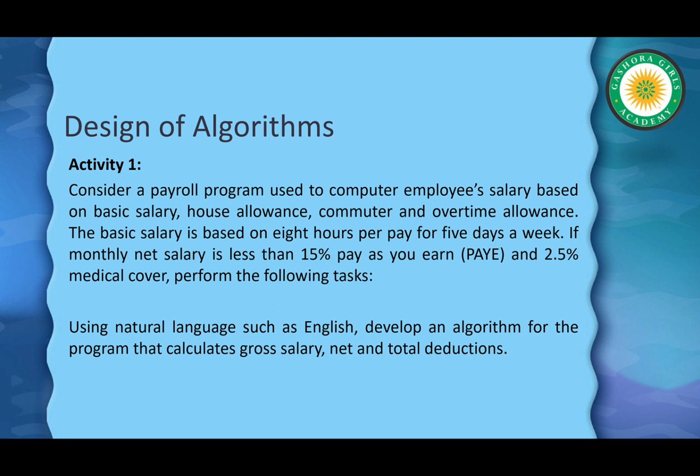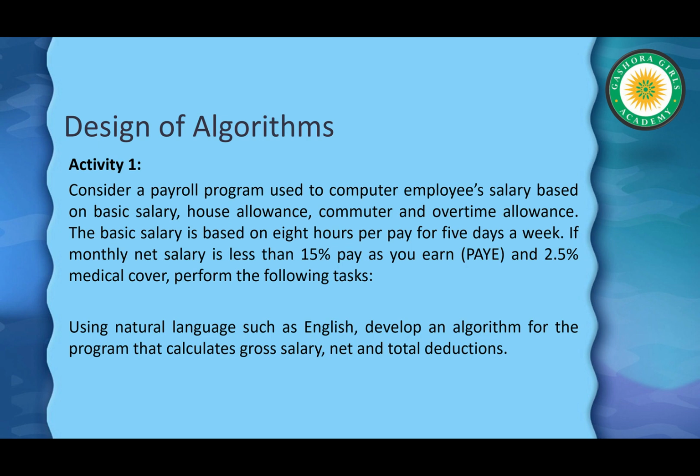Now here there is an activity where the user is required to write a step-by-step solution to this problem. Consider a payroll program used to compute employees' salary based on the basic salary, house allowance, commute and overtime allowance.